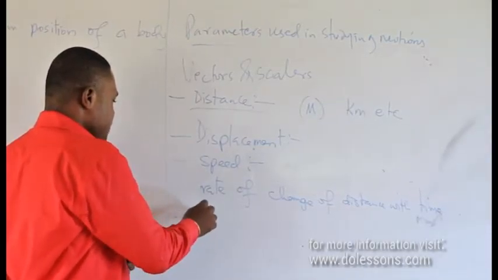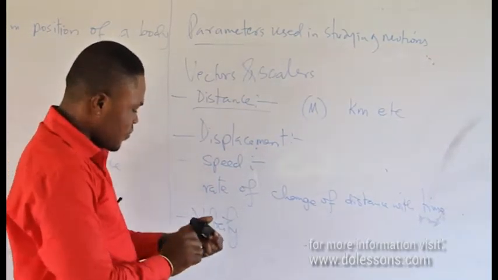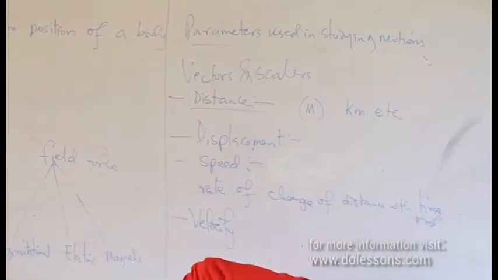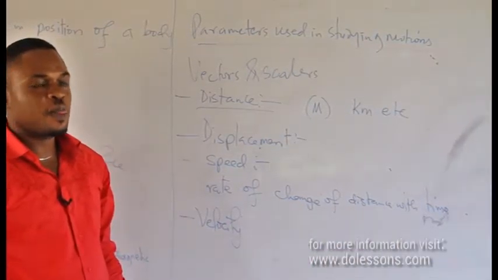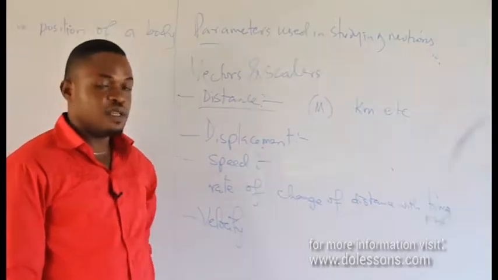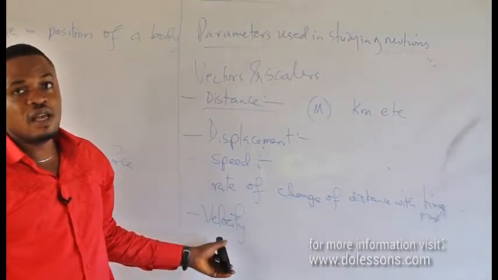We'll also have velocity. Velocity is simply speed in a specified direction. That is why it is a vector quantity.